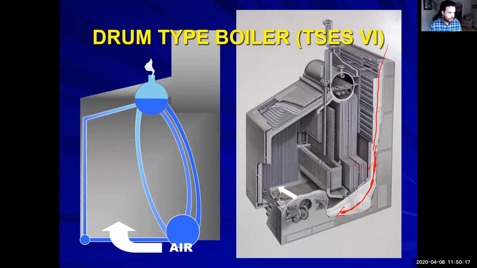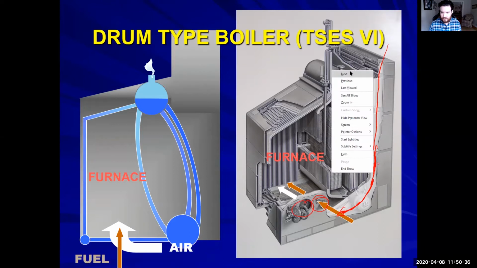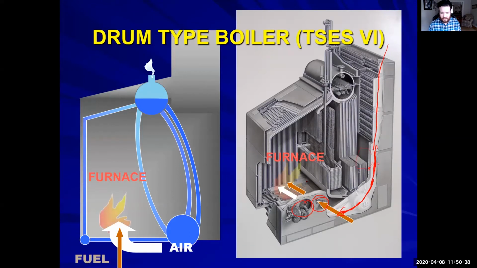It's almost preheating the air, so you don't have this wicked cool air. After that, we have our fuel that's being injected through our burner tips. This boiler drawing only has 2.